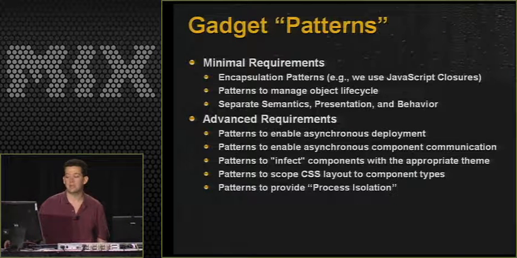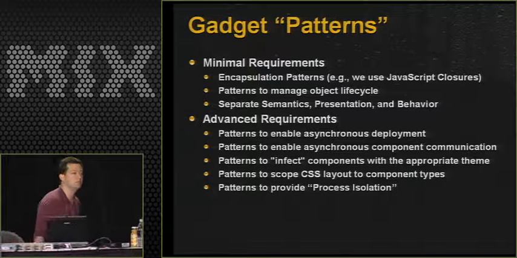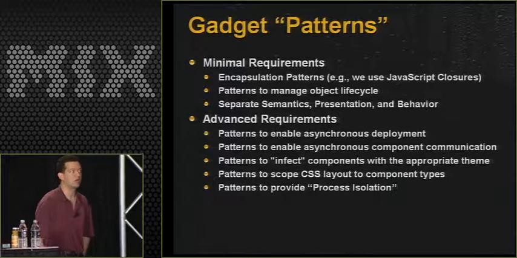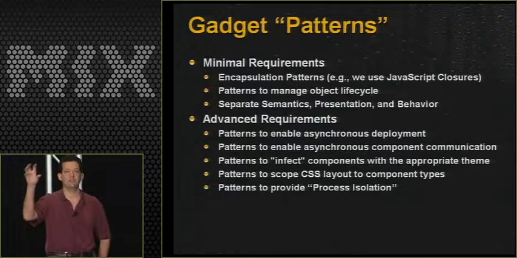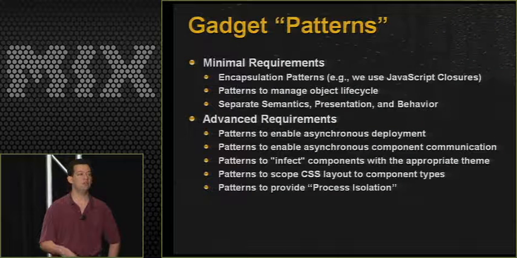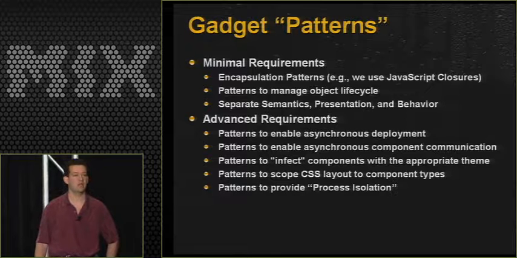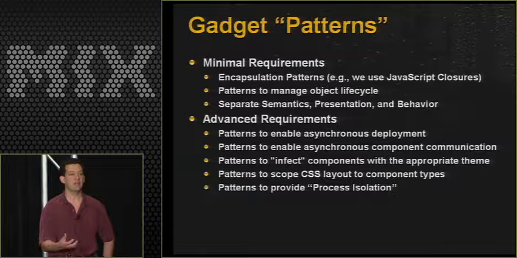What are the patterns for asynchronous component communication? I'll give you a simple challenge. Let's look at the live.com page for a minute where you have a bunch of RSS feeds. I want to build a new component that can consume any RSS feed that shows up on the live.com page. Now, the live.com page is dynamic. People can add a feed, remove a feed, add a feed, remove a feed.